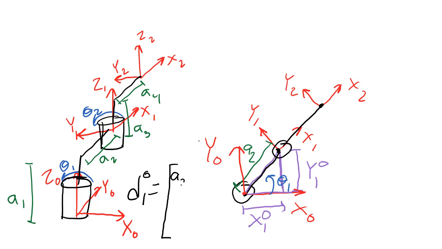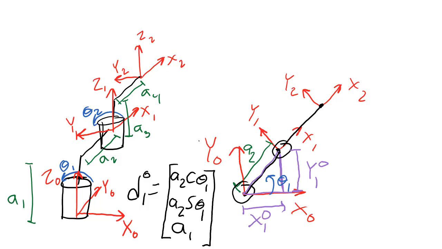We can. It would be A2 times the cosine of θ1. The value y01 would be equal to A2, that is the hypotenuse of this triangle, times the sine of θ1. And the z position we can get from the kinematic diagram isometric view on the left. The z position is A1.